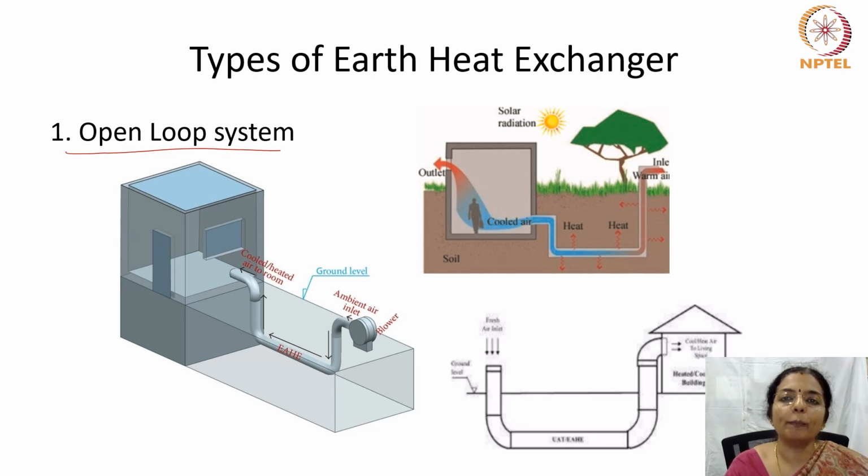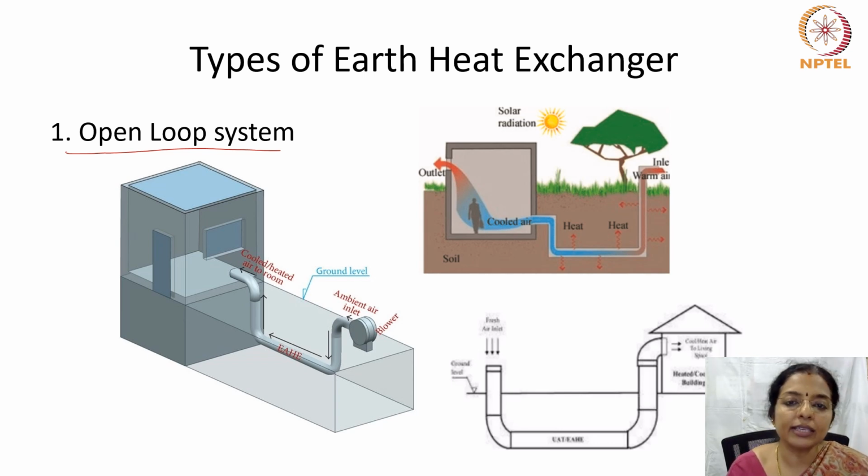In an open loop, intake air comes through the inlet continuously, and it passes through the buried pipes which are underground into the room to cool or heat a space and moves out through ventilation. Outside air is delivered only to AHU or the room directly.